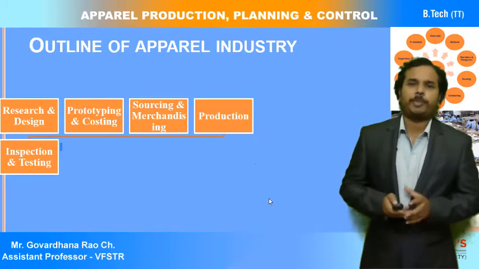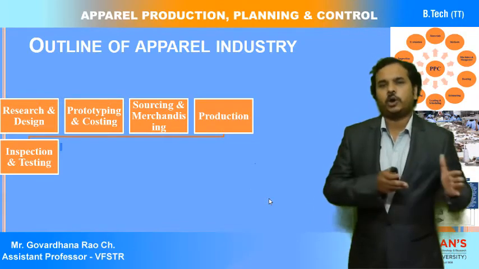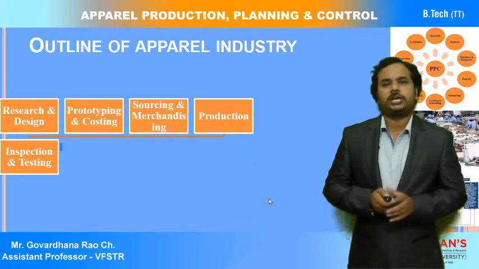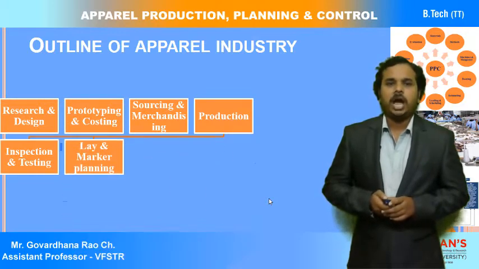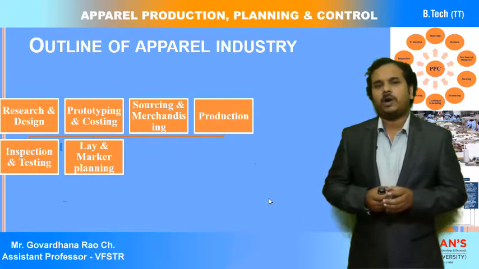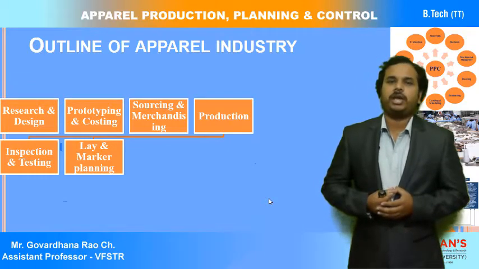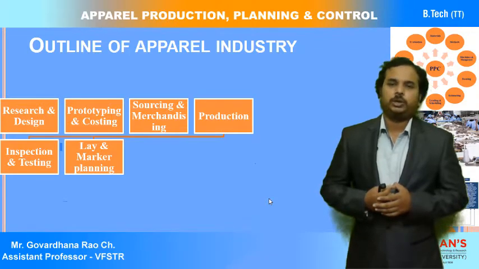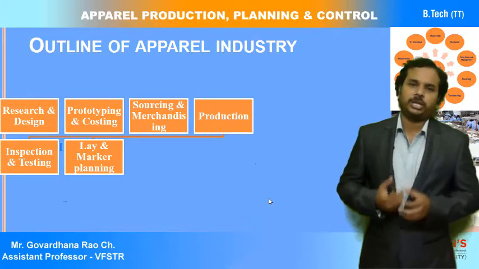The production department in a garment or apparel industry starts from the inspection and testing of the fabric which they have received, and then we have a lay and marker planning area where the laying and marker planning occur. The requirement of the customer depends upon that.